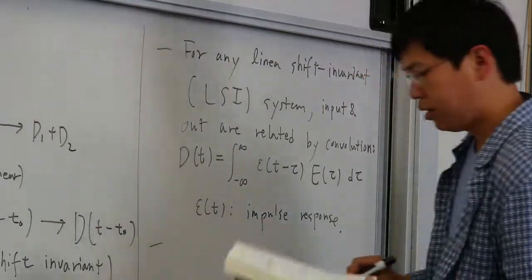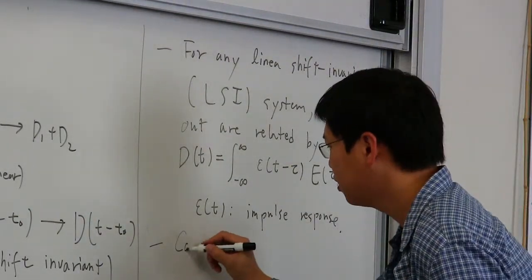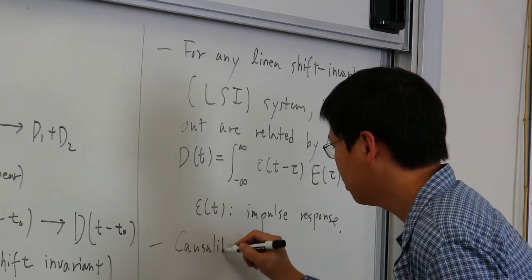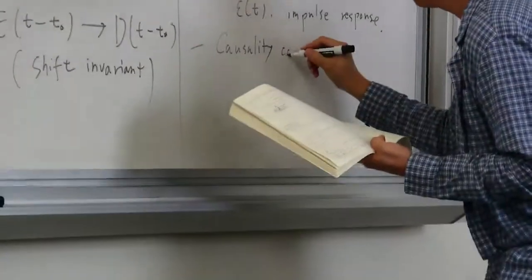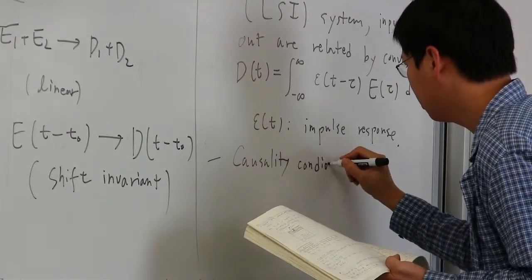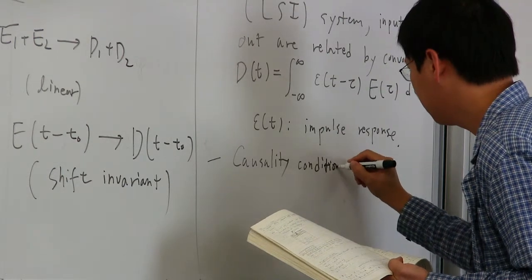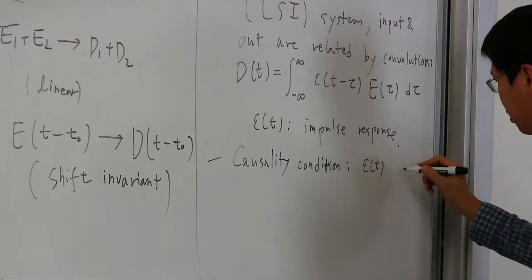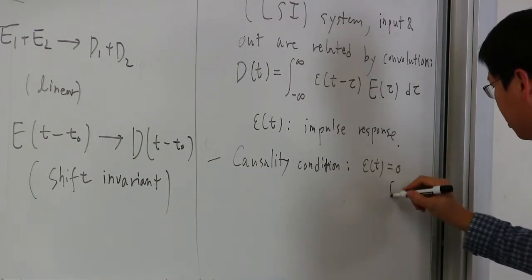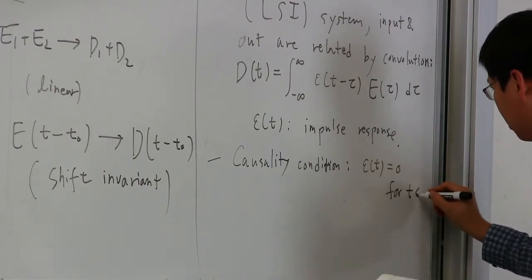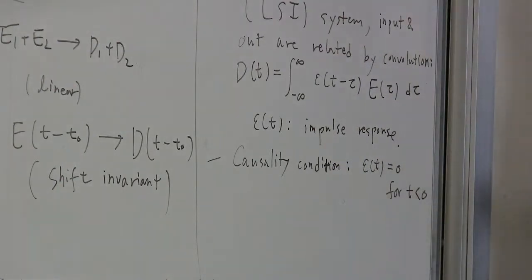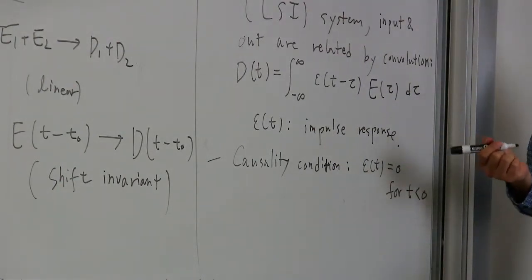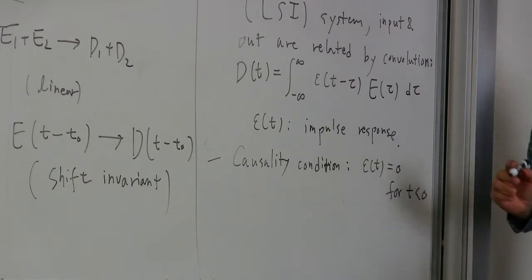And the causality condition is: if this system is a causal system, then your impulse response should be 0 whenever the time is less than 0.